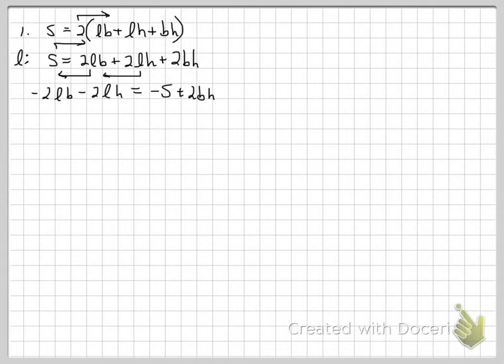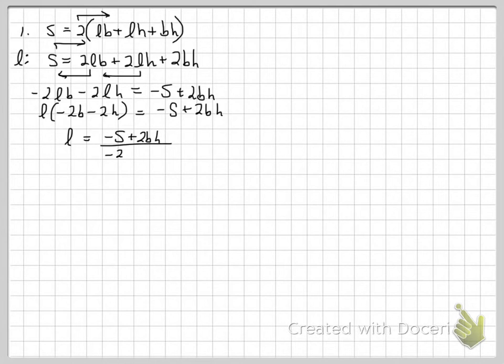Now, I'm solving for L, so I want to factor out the L. I'm going to go ahead and divide, this is an S, so that I isolate the L on the left side. And I'm going to clean up the signs.